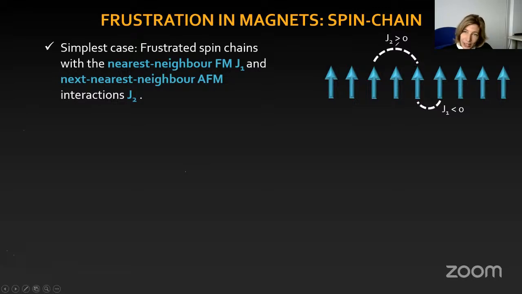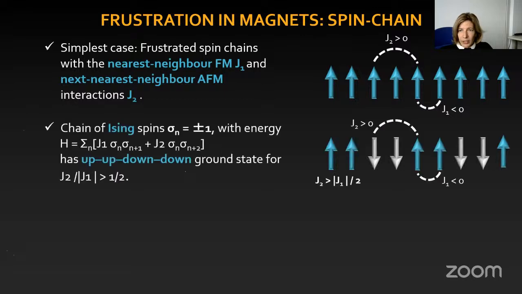But if you have a second nearest neighbor exchange, which is strong and antiferro, then two things can happen. If you have a strong anisotropy, so you have Ising spins, then the ground state would be an up, up, down, down spin chain, so that at least the second nearest neighbor is always satisfied because it's antiferromagnetic.